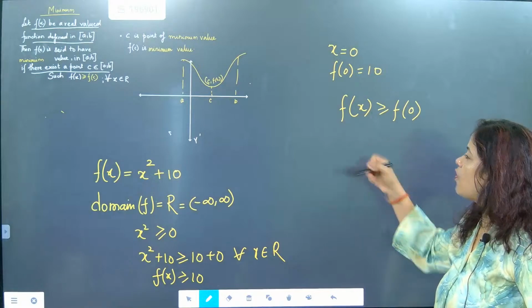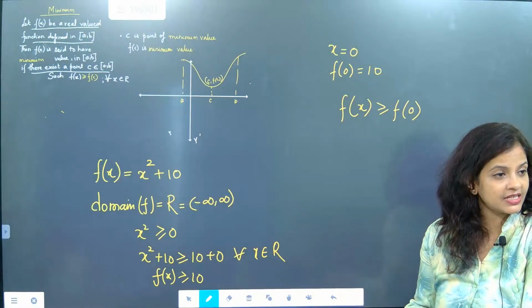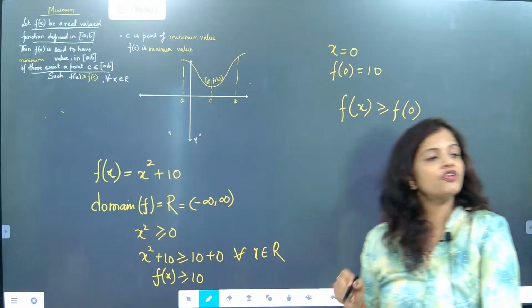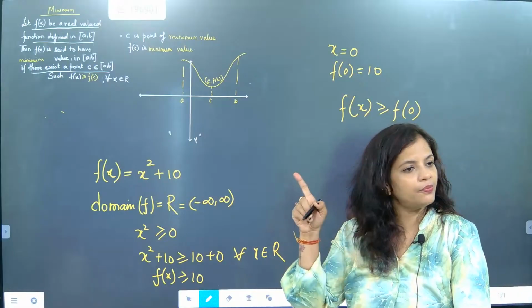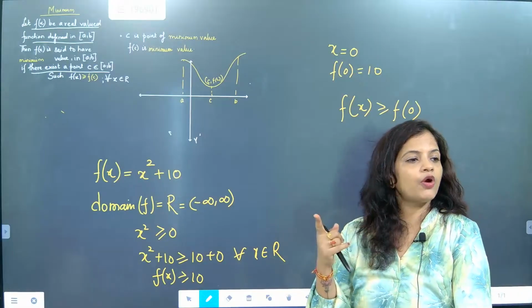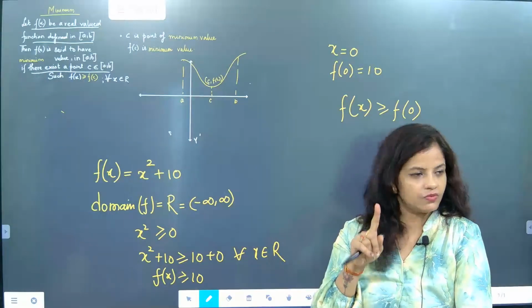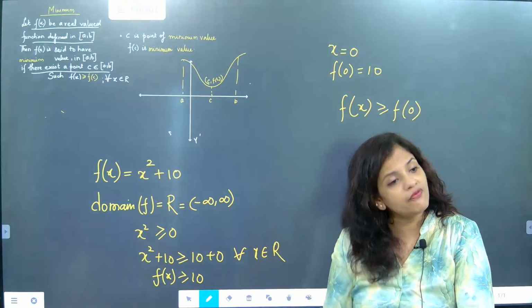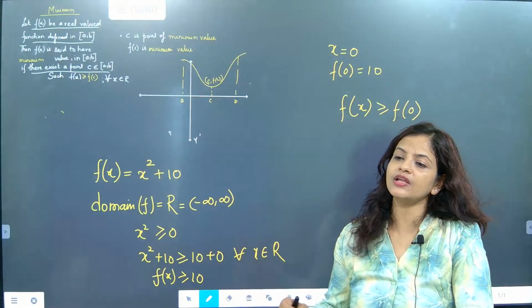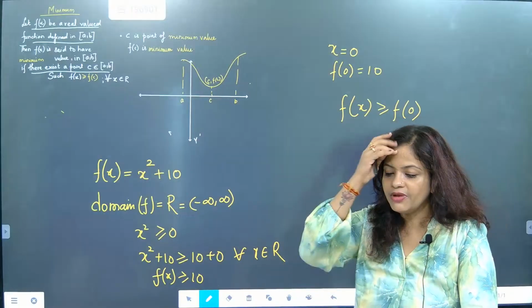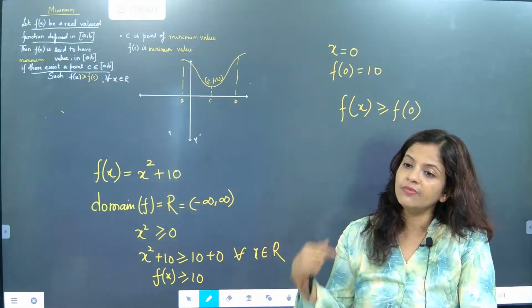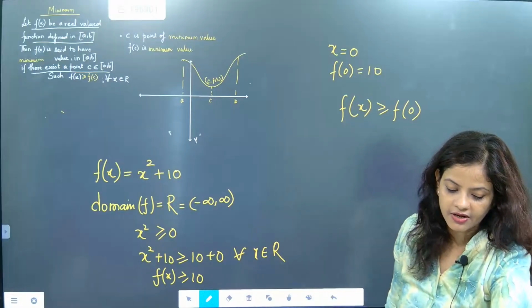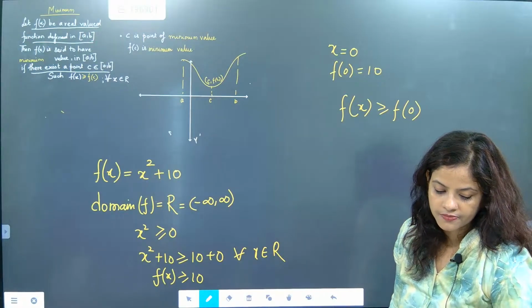What was the point of maximum value in the previous question? It was 1. And here the point of minimum value is 0. Understood? At 0, when you put x equal to 0, what is the minimum value you are getting? The minimum value you are getting here is 10. Okay, just check this one out.